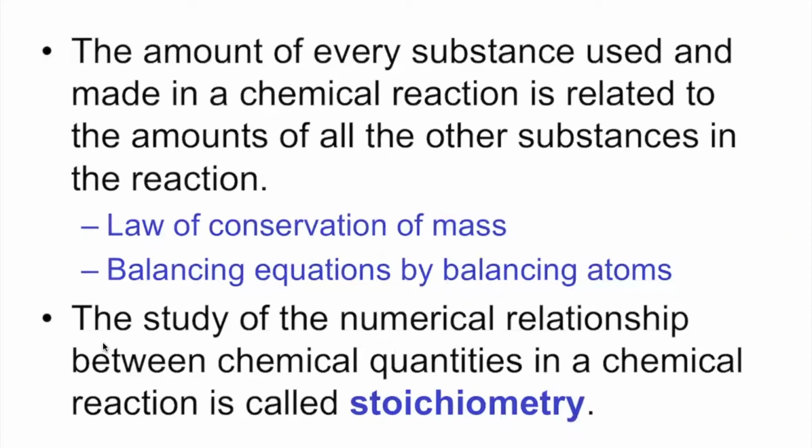All of this falls under this umbrella called stoichiometry. So stoichiometry is where we're going to be making a relationship between the reactants and the products. So we're going to be relating them. At this point, I hope that you're very familiar with dimensional analysis because we're going to take it to the next level.